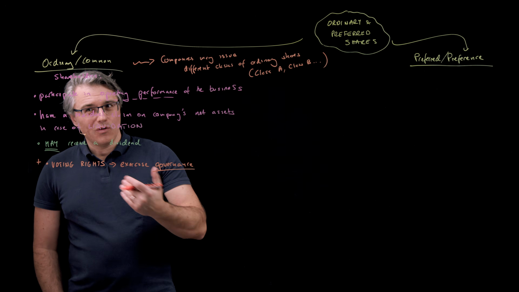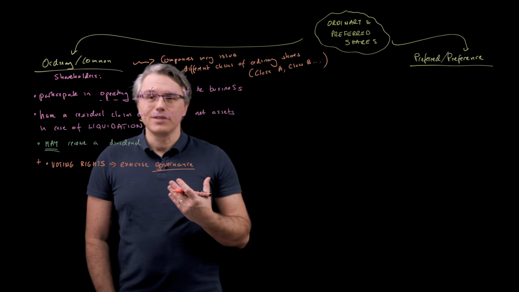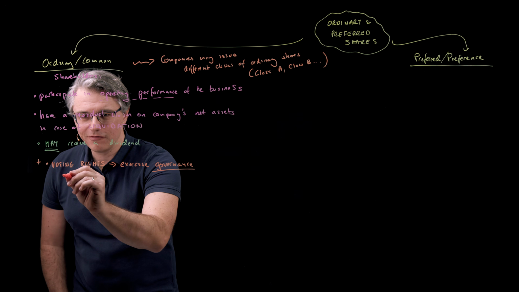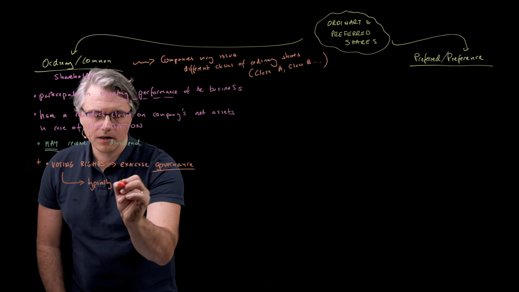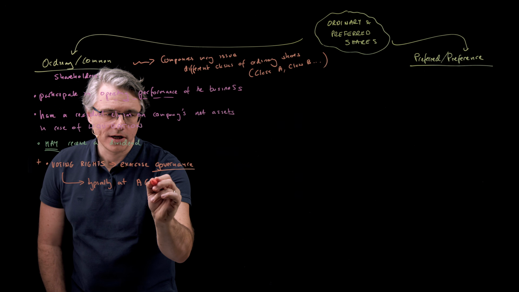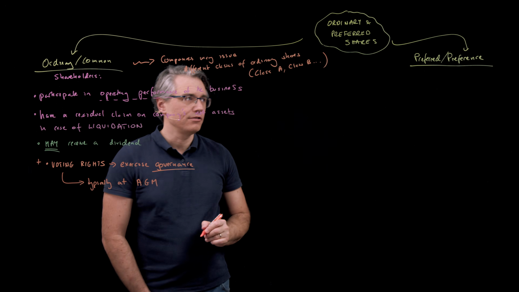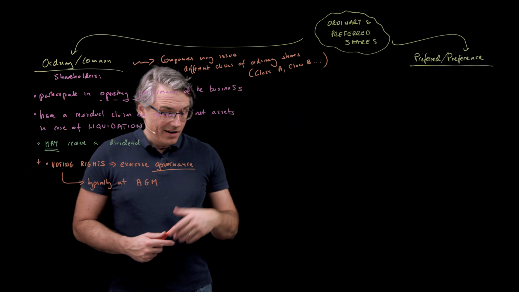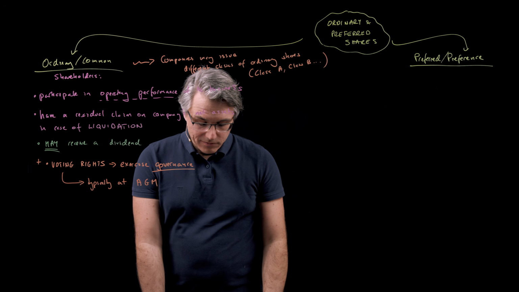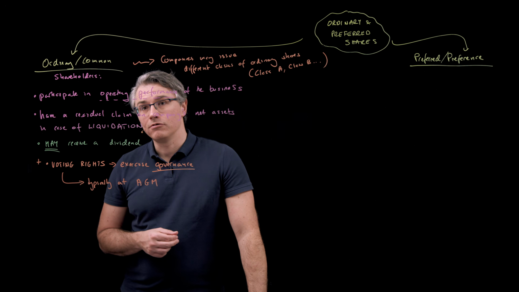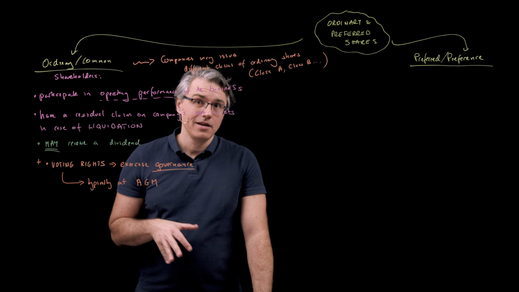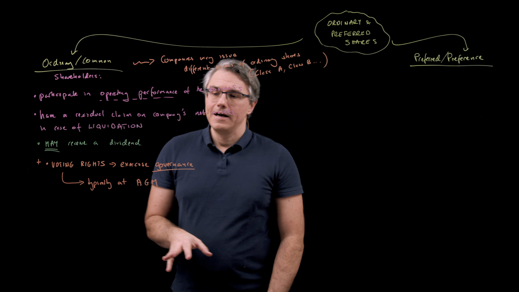run. And when do you get the chance to vote? Well, voting typically happens at the annual general meeting, the AGM, annual general meeting of shareholders. Companies sometimes also convene so-called extraordinary general meetings of shareholders beyond that annual event.